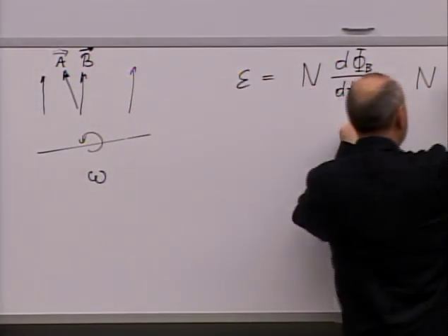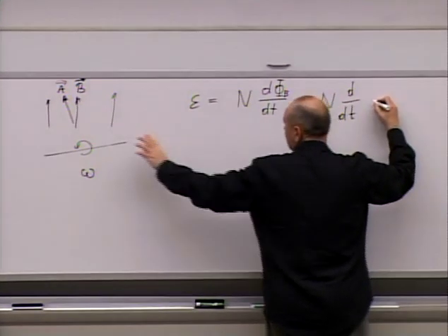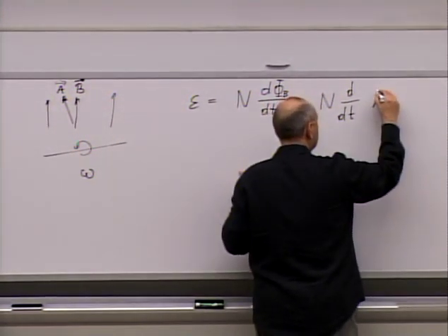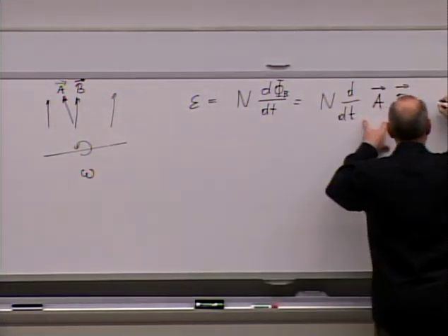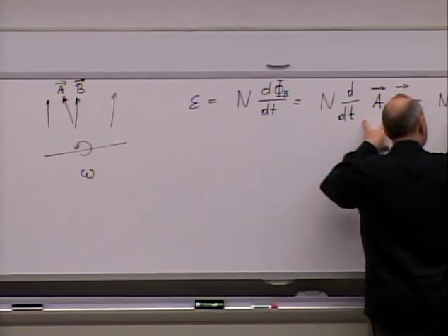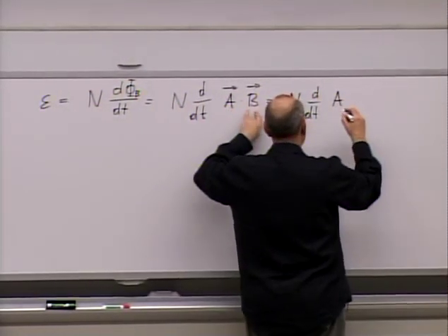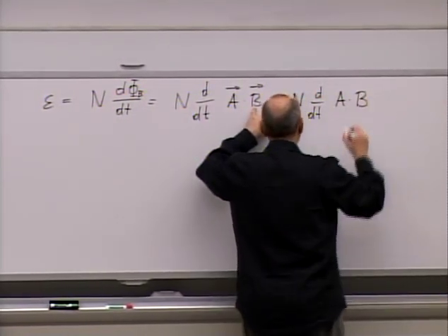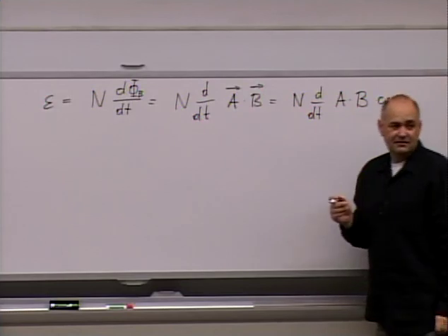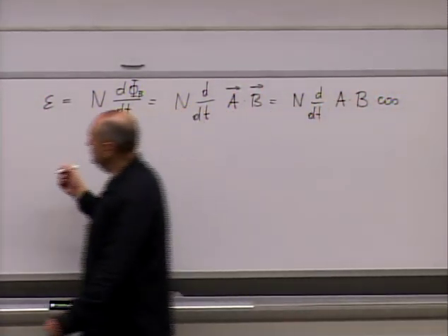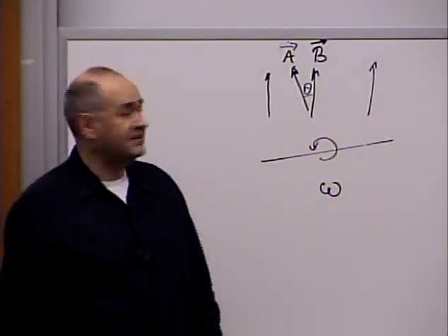So in general, for magnetic flux we will have to differentiate the product, this scalar product. I can write it down explicitly: this is the area of the loop times the magnetic field strength times the cosine of the angle between the two vectors. Let's say that this is that angle, and this angle varies with time.